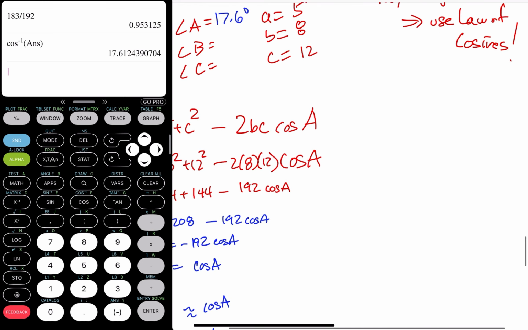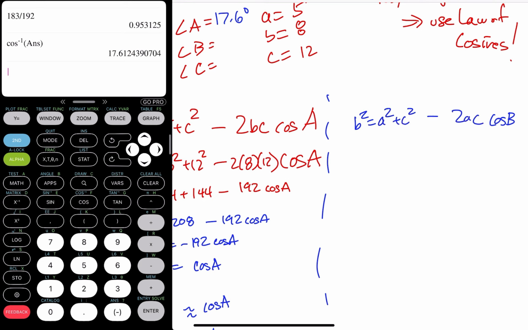Let's do that now. So now I'm going to say the cosine of B, and I'm going to put B squared on the other side of the equal sign, and it's going to be minus 2AC.